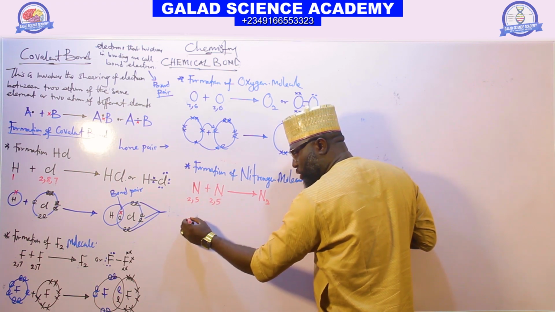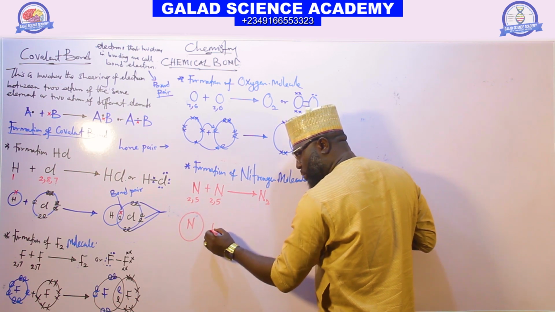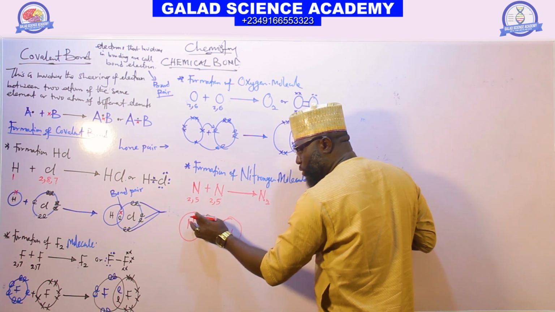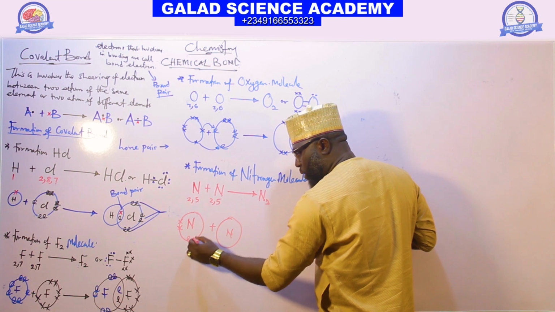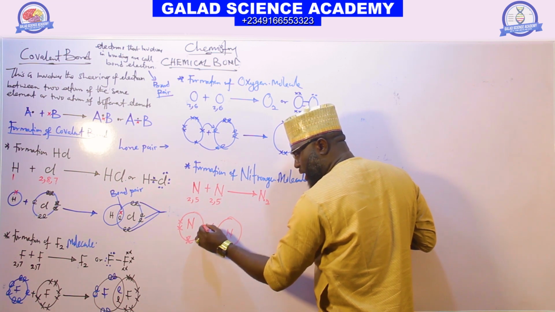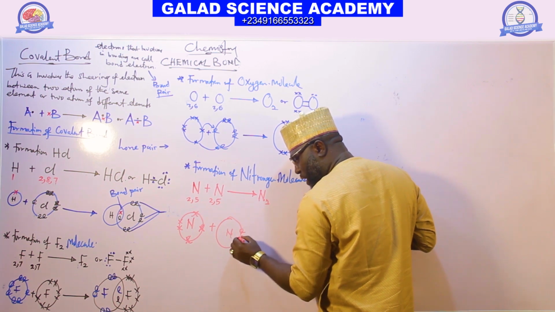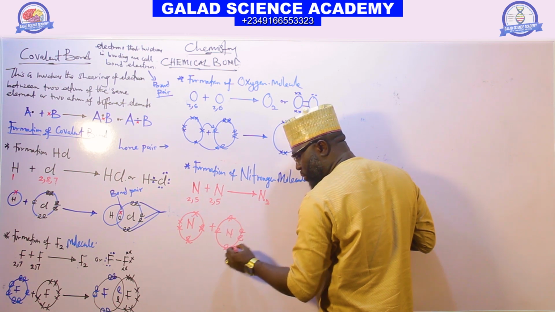So by drawing the configuration for nitrogen plus another nitrogen, put 5 outside. We have 1, 2 here, 1 here, 1 here, 1 here. For this one, we have 1, 2, and 1 here, 1 here, 1 here.